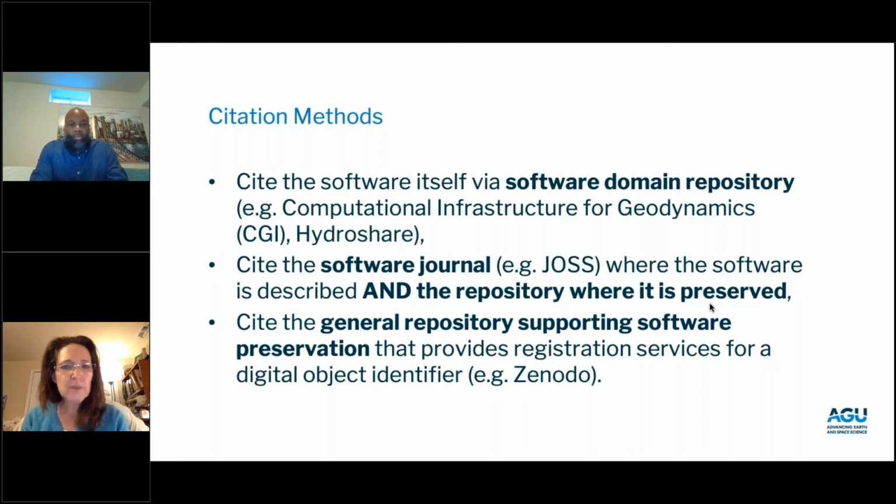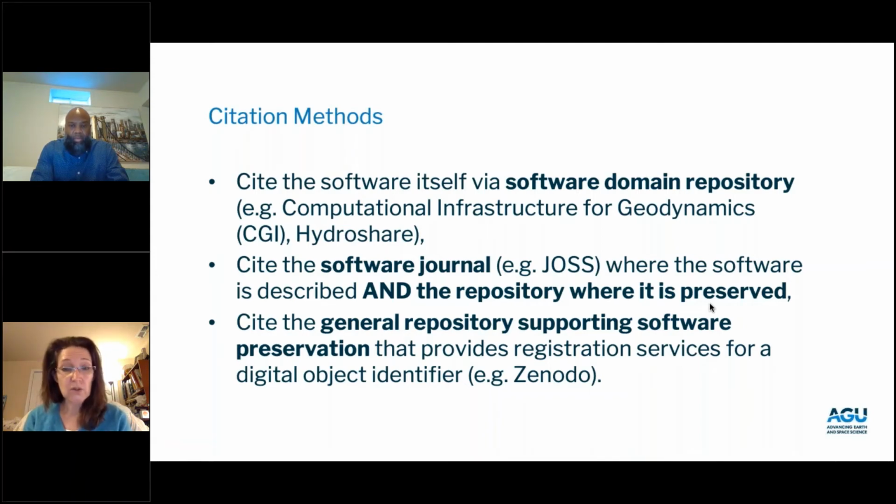If you happen to be working in a community like Alice Allen with astronomy, there are software domain repositories specific for your software. Within the Earth and Space Sciences, you can find those. For instance, we've got the Computational Infrastructure for Geodynamics, which does a really great job, and HydroShare, which our hydrology community uses, also supports software.